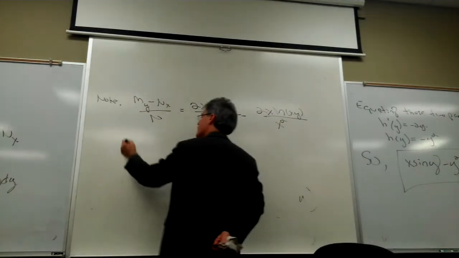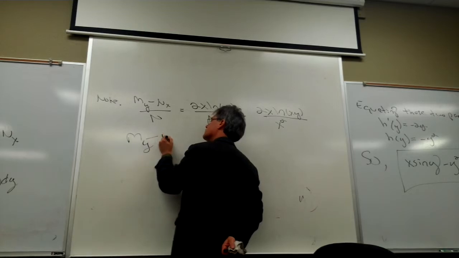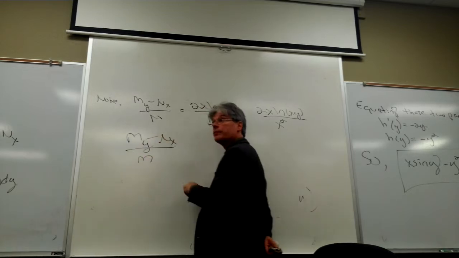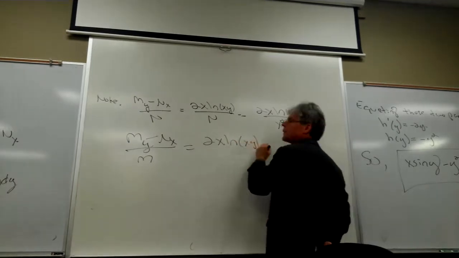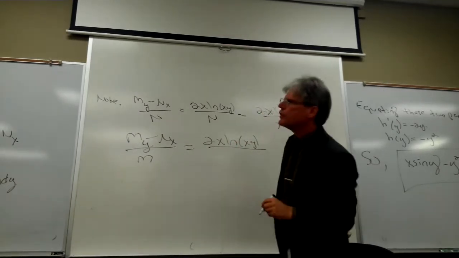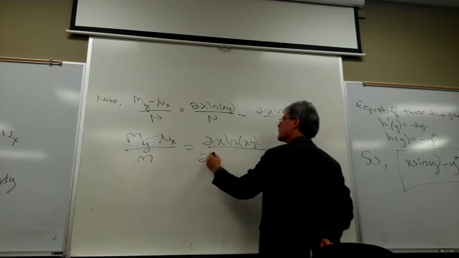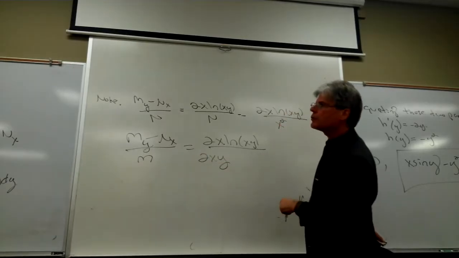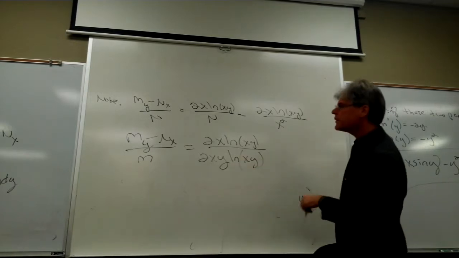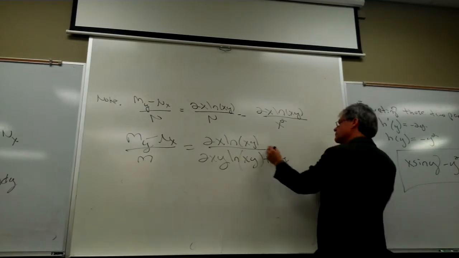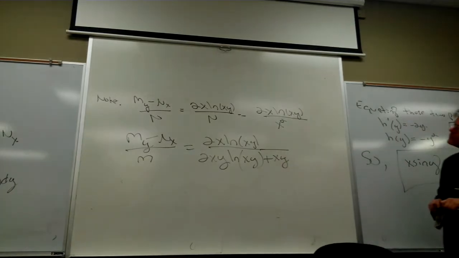What about checking out this difference and dividing by M? I think that's going to give me 2x natural log of the product all over my N, which in this case is going to be a 2xy natural log xy plus xy. What does that look like?